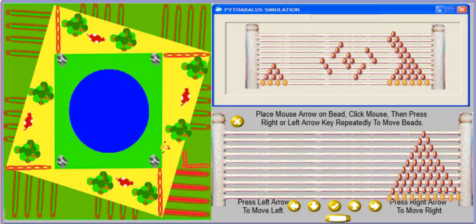Each rectangle equals 2 triangles. And 2 rectangles equal 4 triangles. So we can see that each rectangle has 2 triangles. And 2 rectangles have 1, 2, 3, 4 triangles.